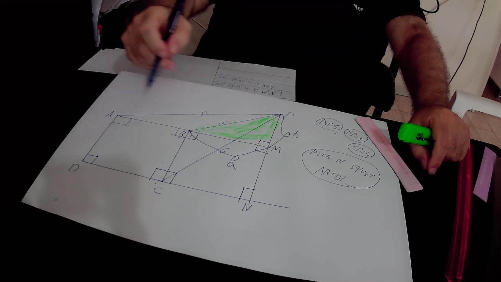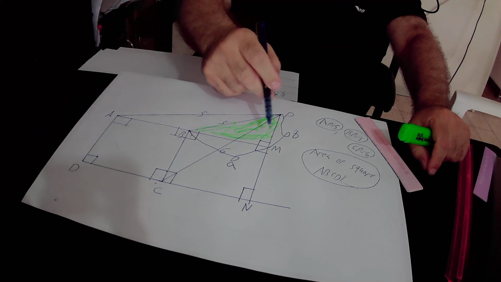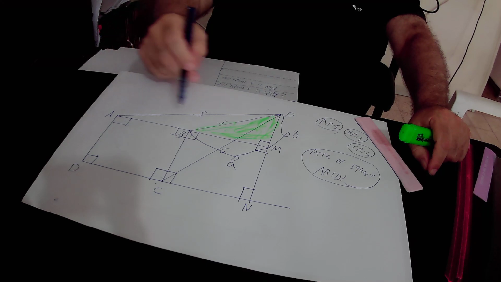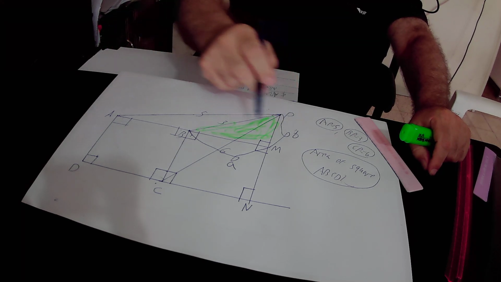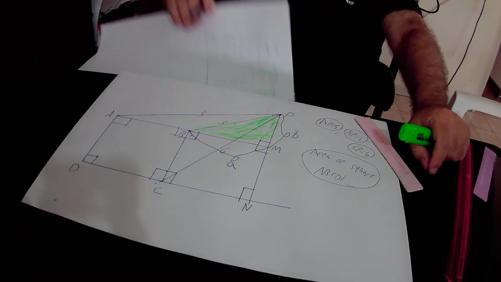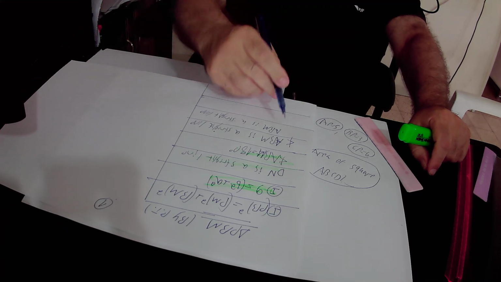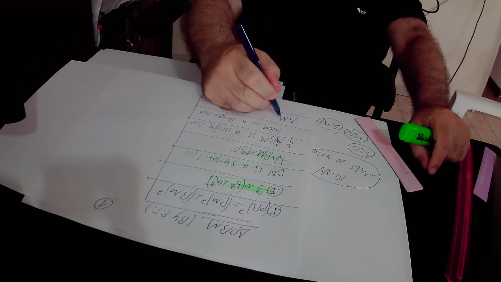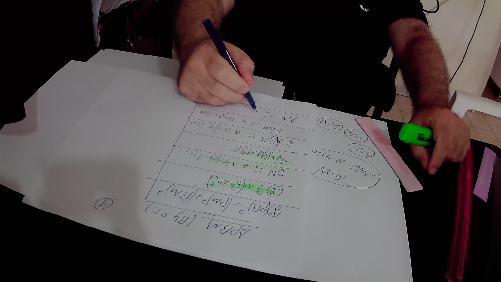And if line segment ABM is a straight line, it means that line segment AEM is also a straight line.